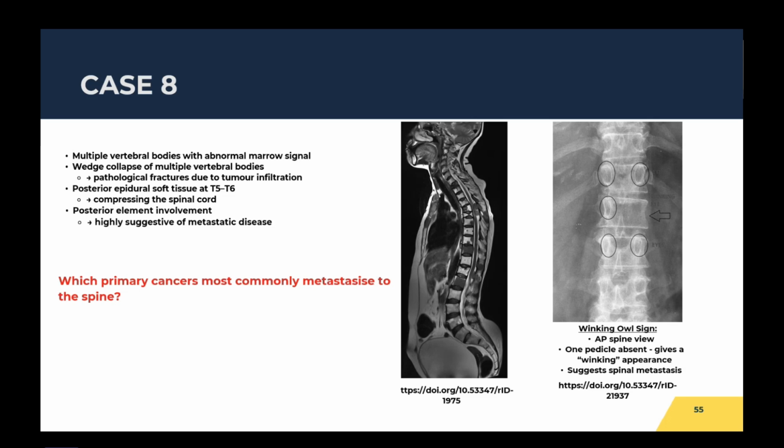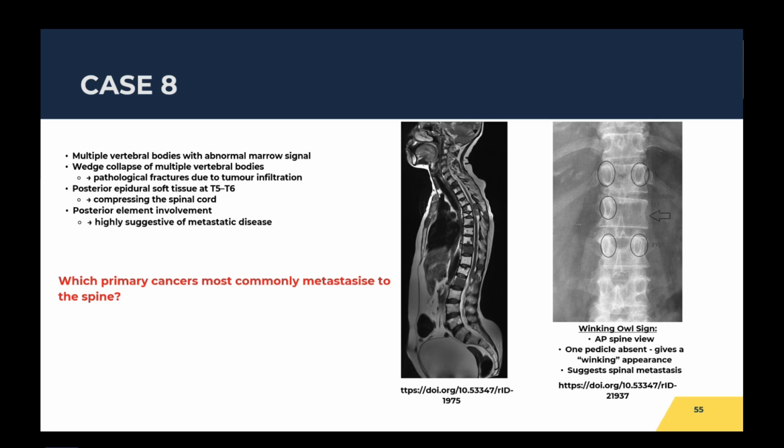However, you can see on this level of the vertebra that the pedicle is missing, and it's present on this side, and that gives the appearance of the owl winking, and this is highly suggestive of spinal metastasis.